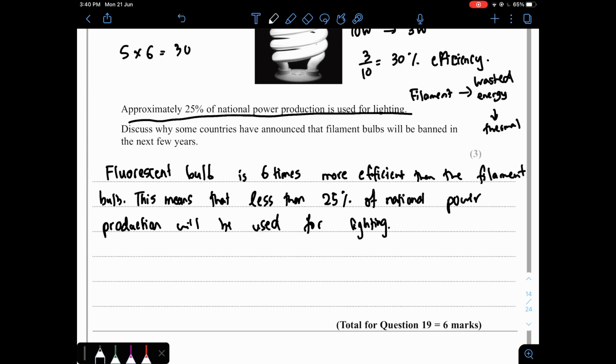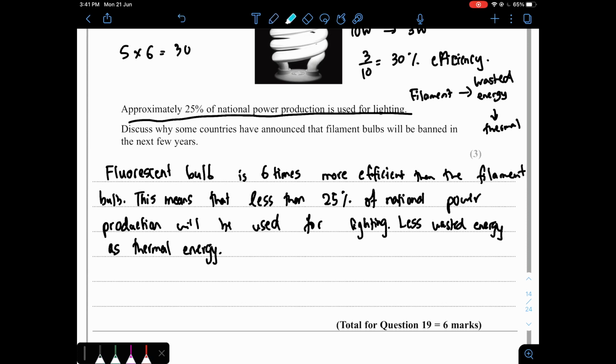Heat. So we can say there is less wasted energy as thermal energy. And that's it, right? Those are 3 points.